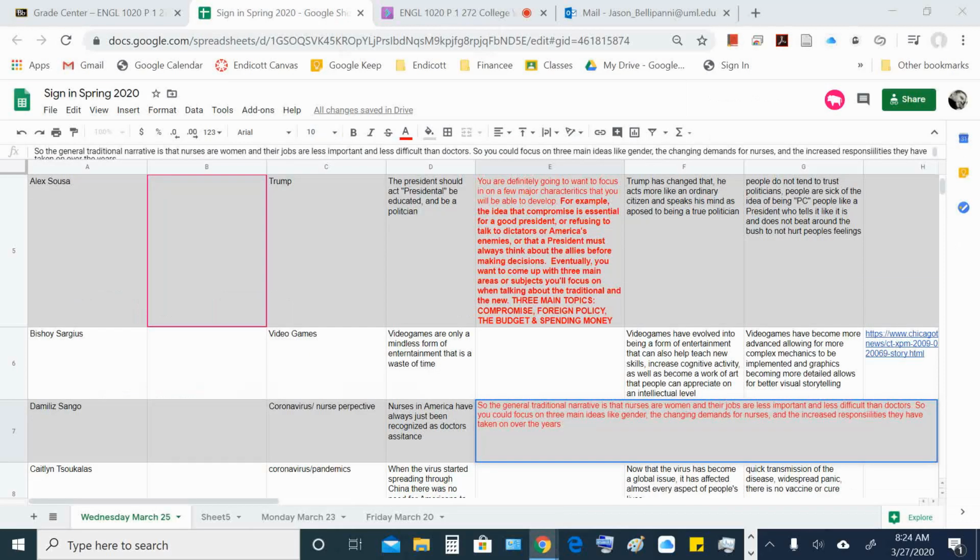Yeah. So the question is, can we use additional sources if we find them after the annotated bibliography? Absolutely. So yes, you can. I'm also going to say probably you don't need to then annotate them, right?